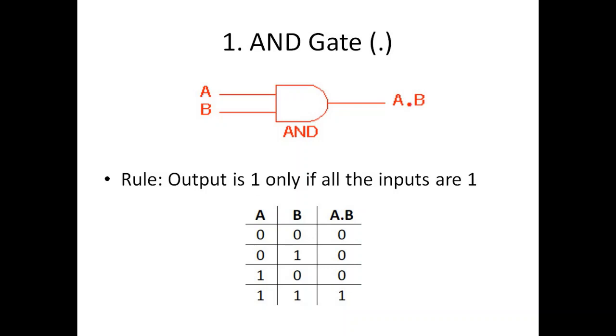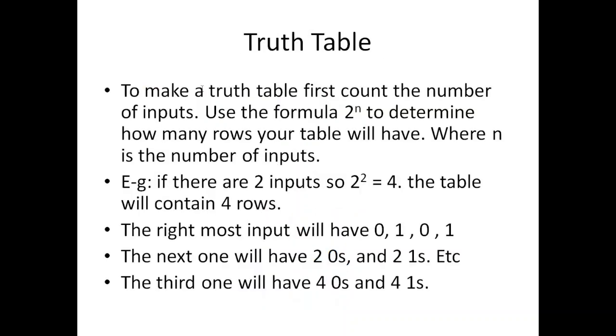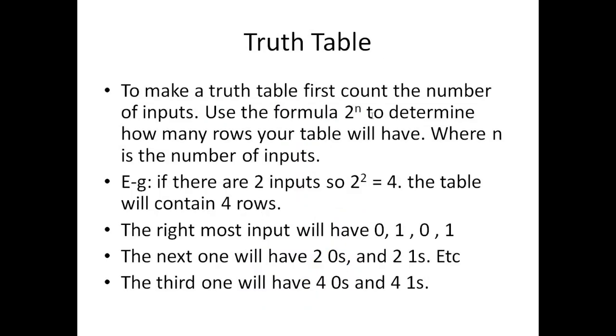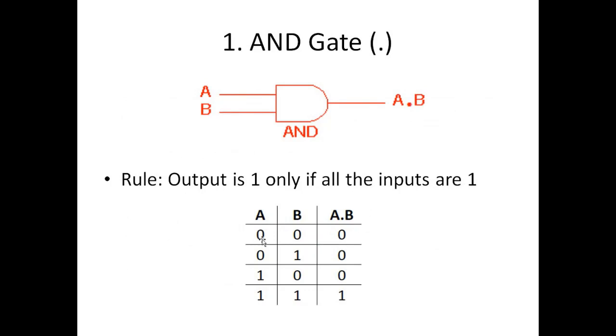In your Cambridge paper, you may have 3 inputs. So use the formula 2 raised to power n to determine how many rows your table will have, where n is the number of inputs. For example, here we have A and B, 2 inputs, so 2 raised to power 2 is 4, and as you can see the table has 4 rows: 1, 2, 3 and 4.